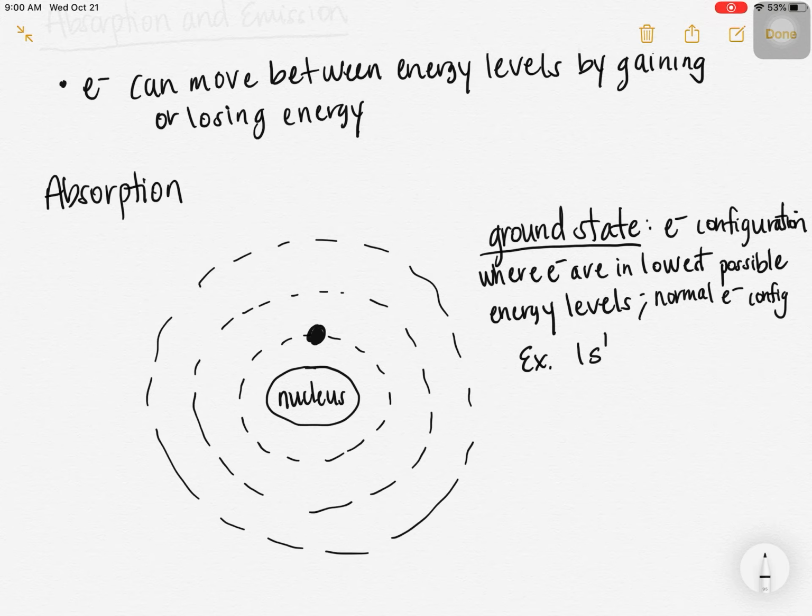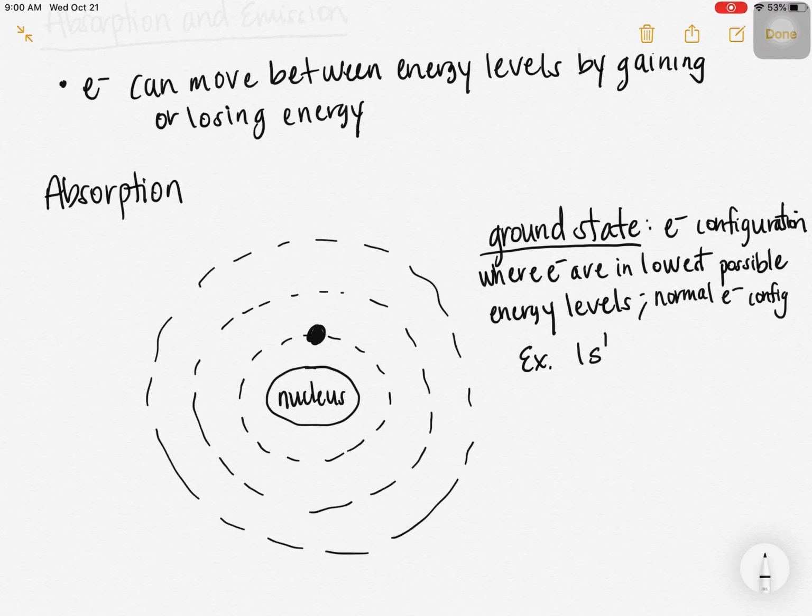So what can happen is this electron can jump up to maybe the second, maybe the third, maybe even the fourth energy level. But in order to do that, that electron has to take in or gain or absorb energy.